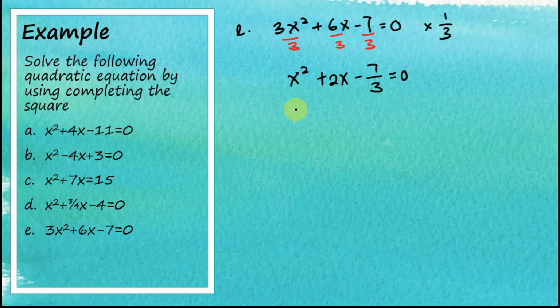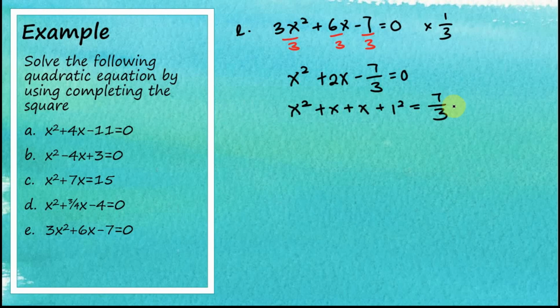Okay, so first of all, we need to find the 4 components of the complete square. So we have x squared, and we split this into 2, so plus x plus x. And then we shift this negative 7/3 to the right, it becomes 7/3. And to make the square complete, we need to add the square of the coefficient of x here, which is 1 squared.